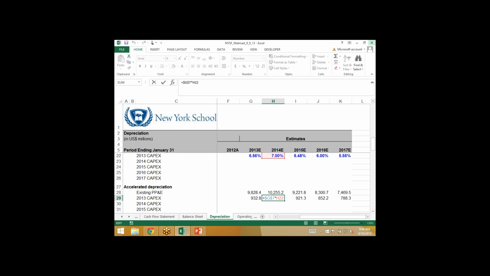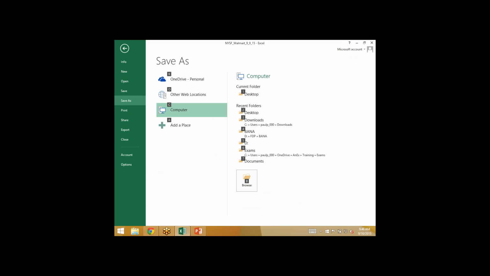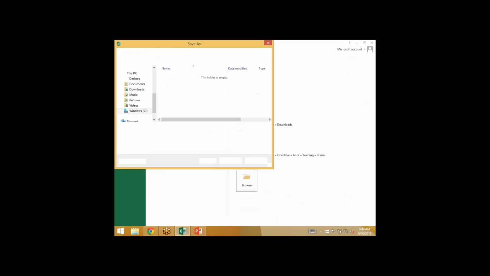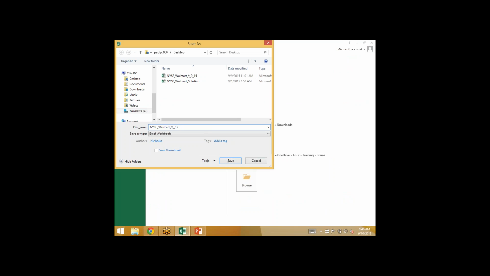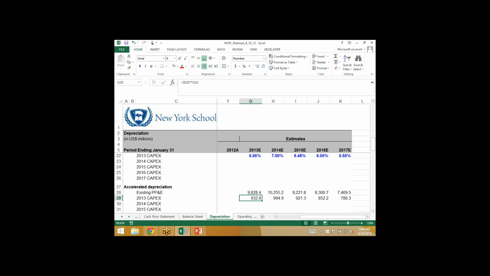Times the percentages. Save the file. Got that? And you continue.